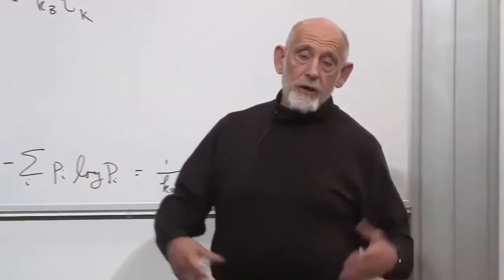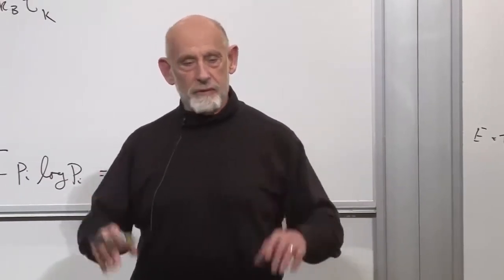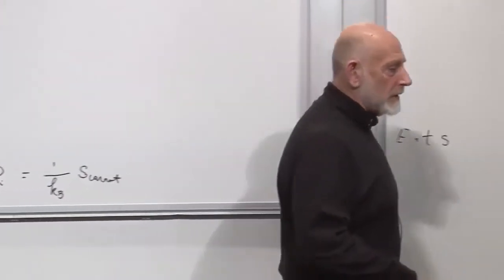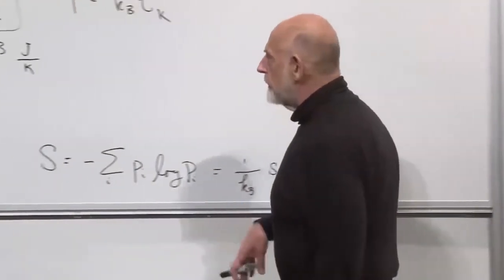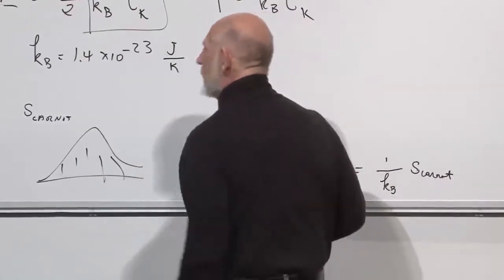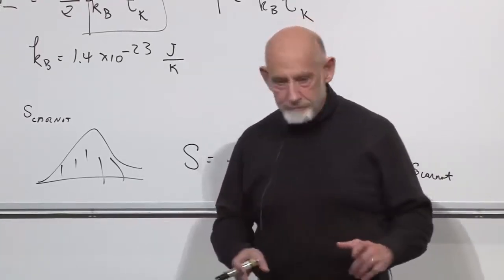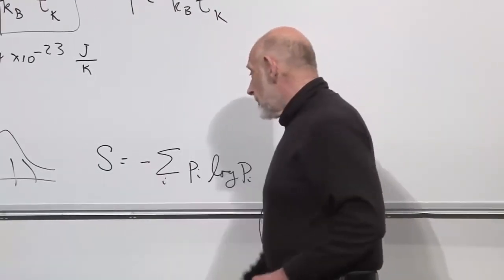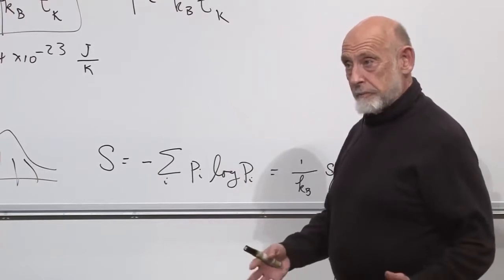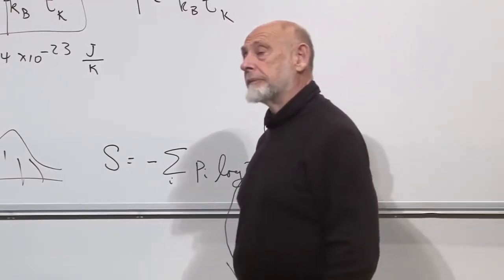On the other hand, you could use, I don't know, kilotons of TNT. Well, that's a bad thing to talk about today. Some other unit, electron volts or Planck masses or whatever. You change your units of energy, the temperature will also change, but your units of temperature and energy should be kept the same. Entropy, on the other hand, is dimensionless. This entropy is dimensionless and doesn't have units.